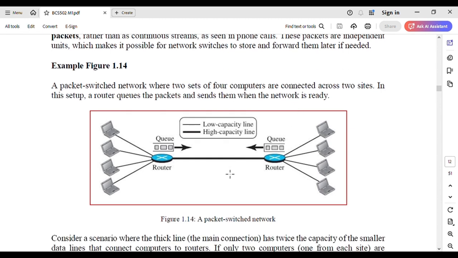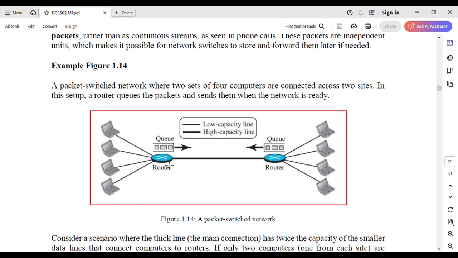If you observe this diagram, it shows a packet switching network where two sets of four computers are connected across two sites. In this setup, a router queues the packets and sends them when the network is ready. In the previous discussion, the circuit switching and packet switching diagrams look similar, but there is a change with respect to the connecting devices.